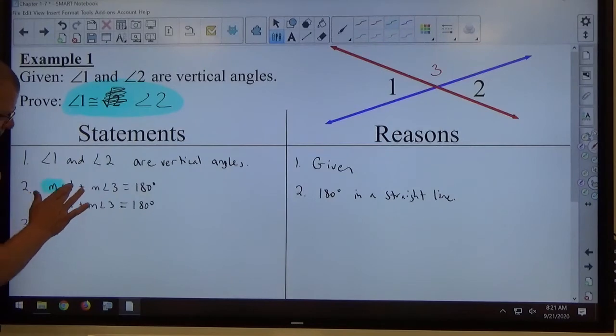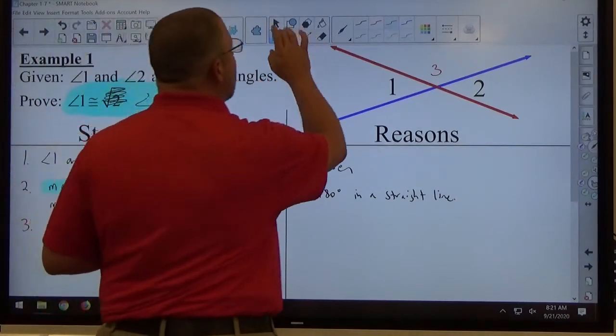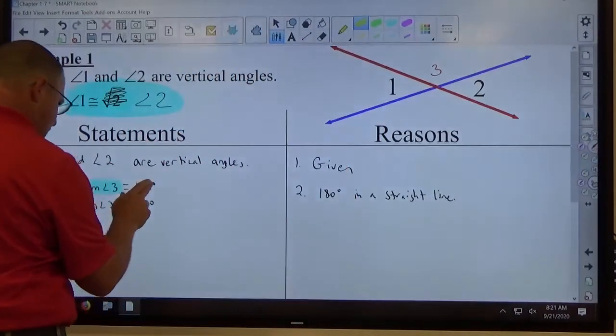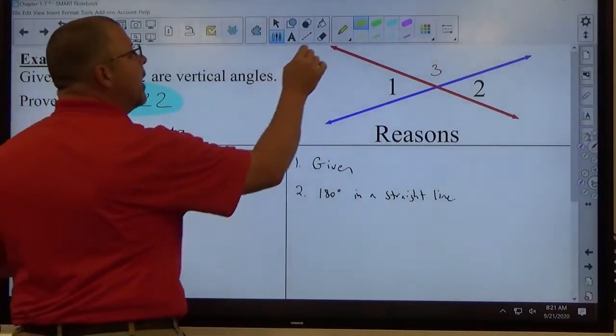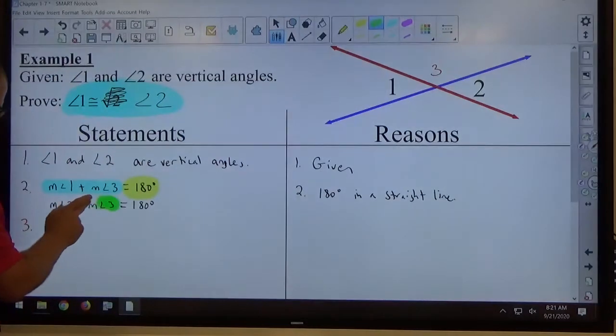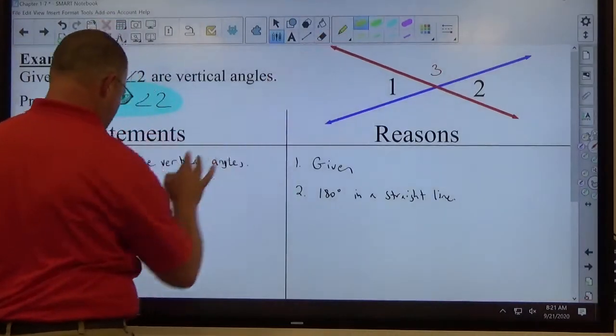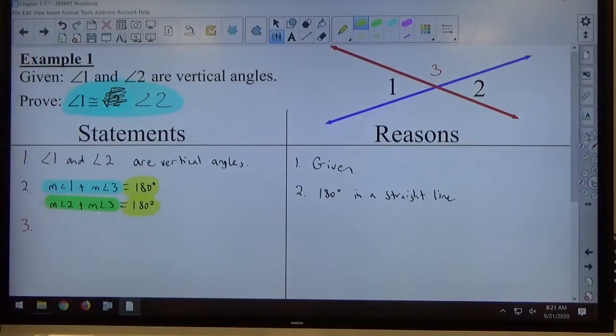All right, the substitution is based on this. If you have some expression equal to something, so angle 1 and angle 2 add up to 180, and then you have a second expression that adds up to the same thing. Okay. That's what substitution requires. If two things equal the same thing, then the two things equal each other.